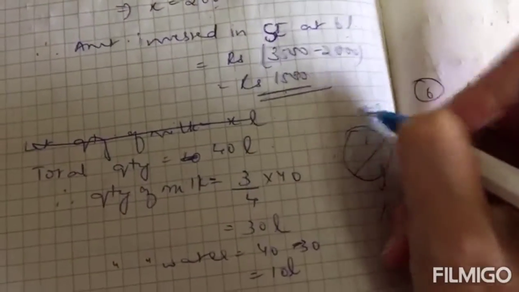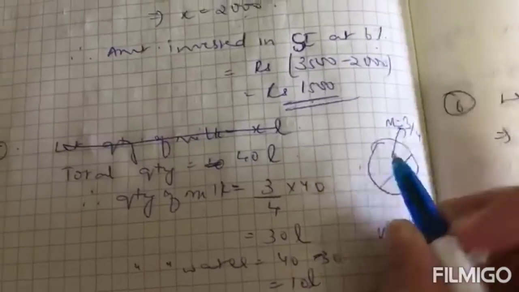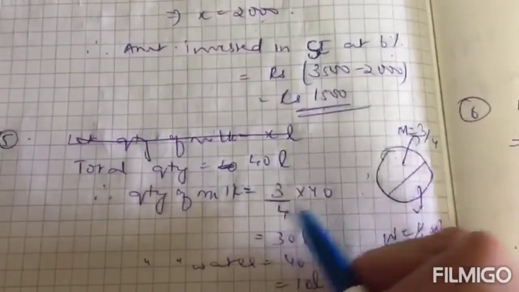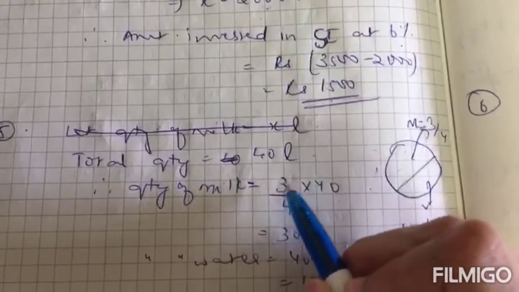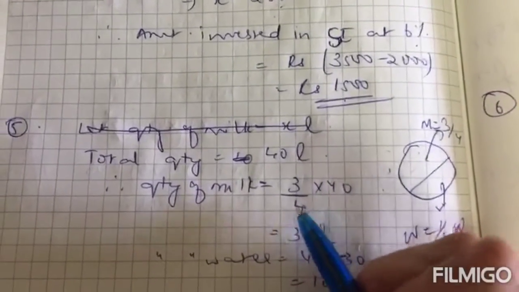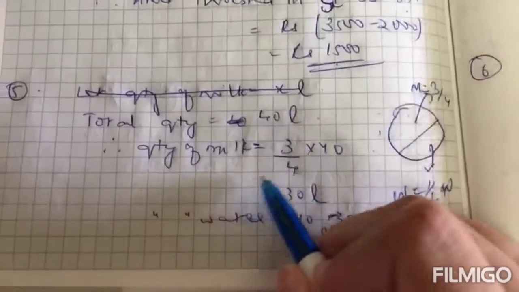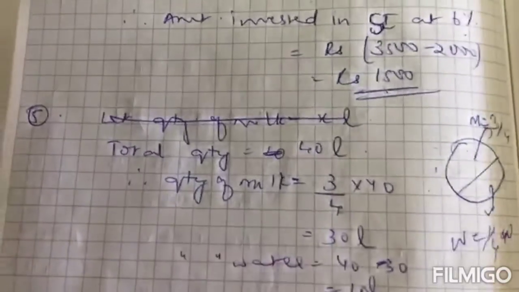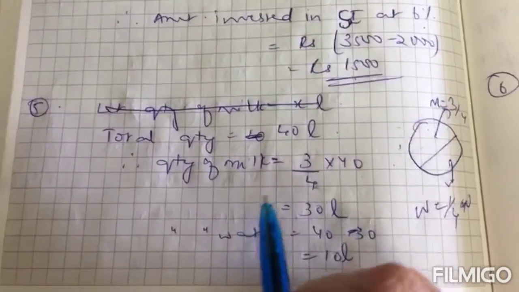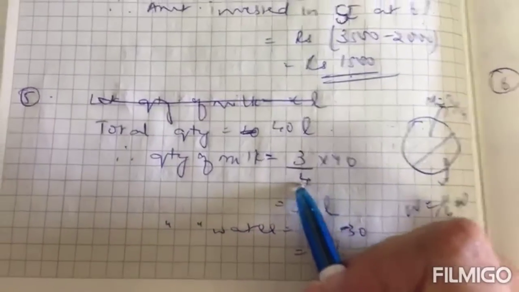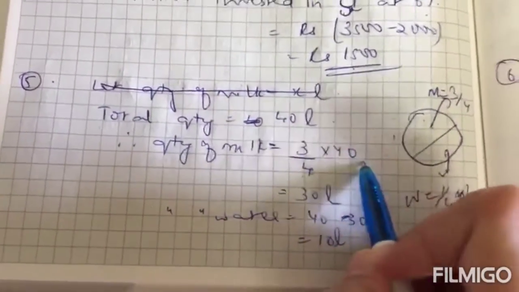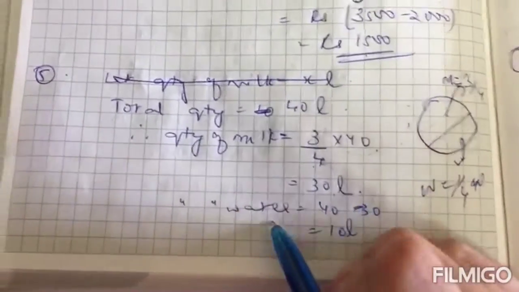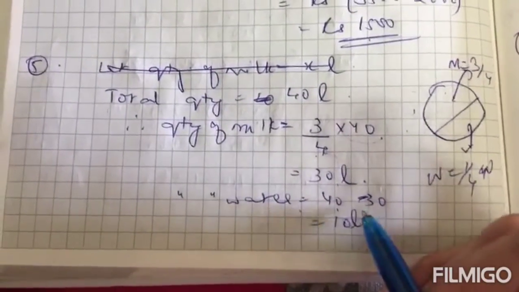So 3:1 is a ratio, and the portion of milk would be 3 divided by 4. How did I get 4? 3 plus 1. So 3 by 4 into 40 will give me the total quantity of milk, portion of milk as per the ratio into total quantity, which is 30 liters. Therefore, water is nothing but 40 minus 30 liters of milk, which is 10 liters.